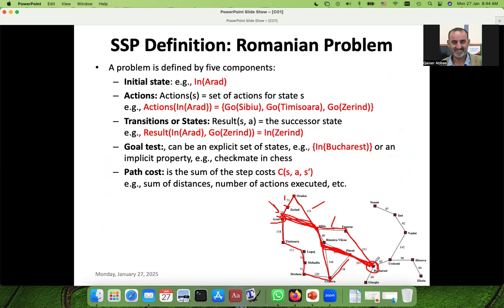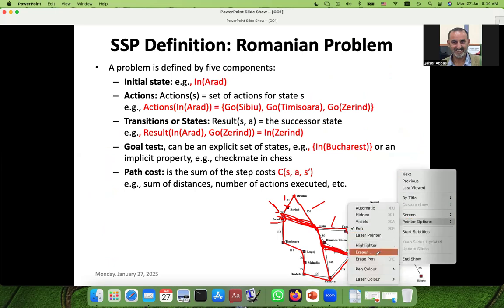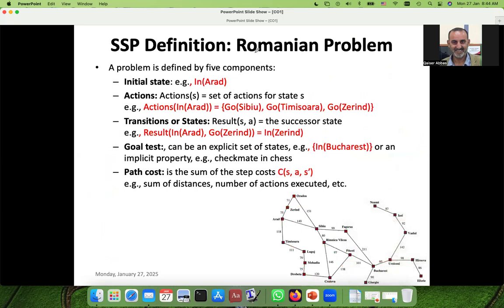So this is how it works. Now, I'm not going to write an algorithm. First, I'm going to give a problem definition for this Romanian problem.